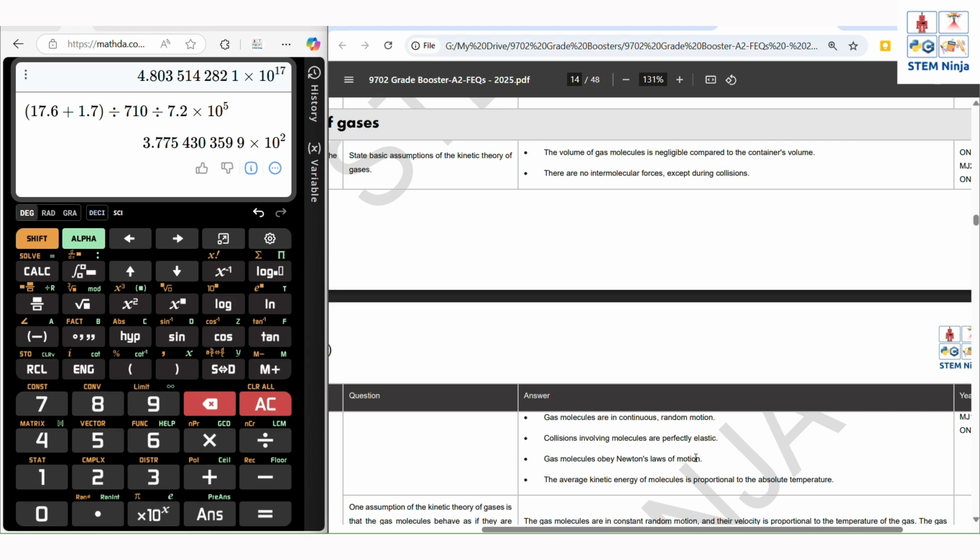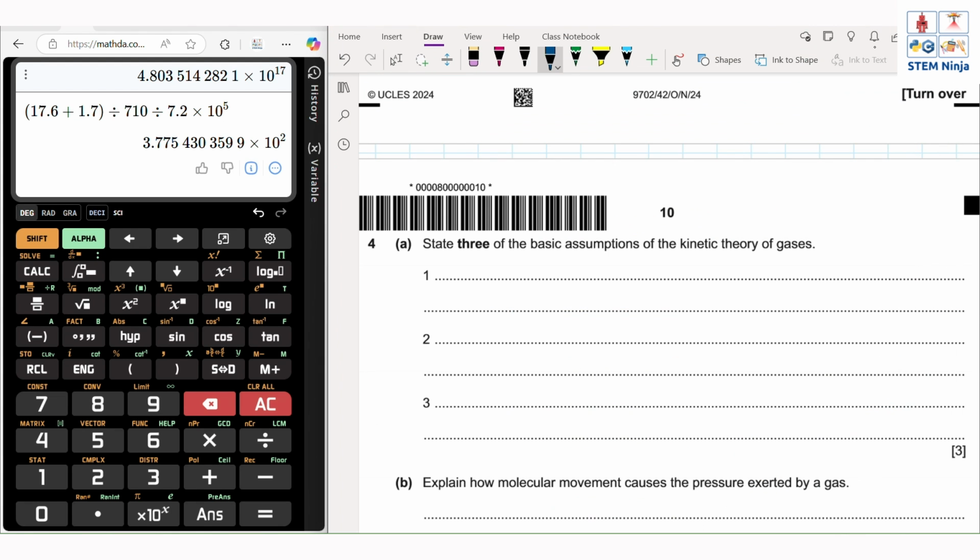Gas molecules obey Newton's laws of motion because we are assuming them to be small spherical balls, rigid spheres. Average kinetic energy of the molecules is proportional to the absolute temperature. So we can use any of the three over here. So we can say that the gas molecules are in constant random motion.